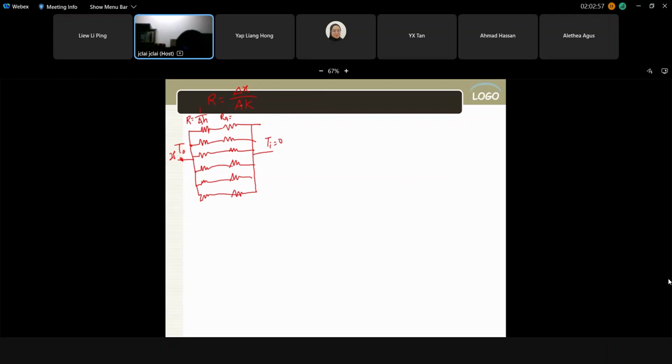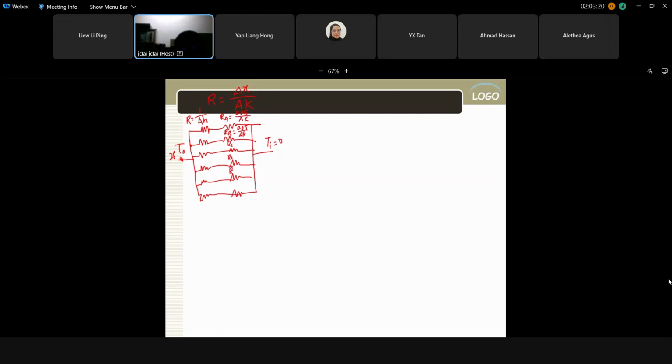Okay, so RA is 0.05 over AK, right? Because 5 cm. RB is also 0.05 over AK. Same goes to RC, same goes to RD.